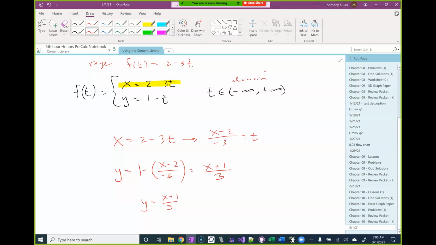So what kind of function is 2 minus 3t? That's a linear function, right? If the domain for a linear function is all real numbers, what are the possible set of outputs I can have for that? Also all real numbers. Everybody agree with that?